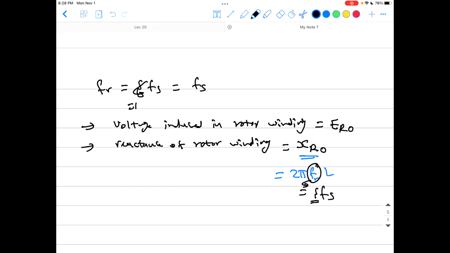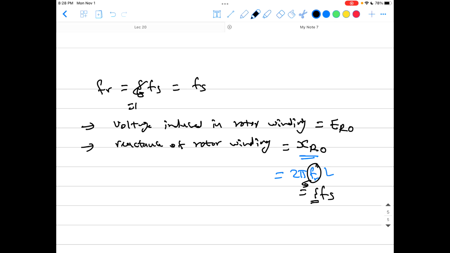So any change in the mechanical speed changes the slip, and this changes the rotor frequency, and this changes the reactance, the X term of the rotor winding. So the reactance of the rotor winding changes with the speed. Its value at standstill, at 0 speed, will have a certain value, which is X R0.